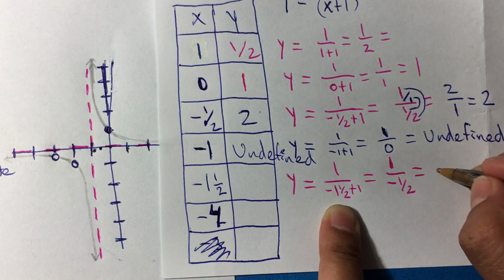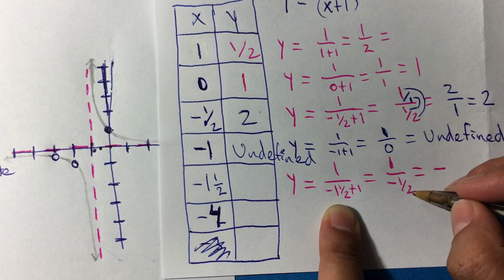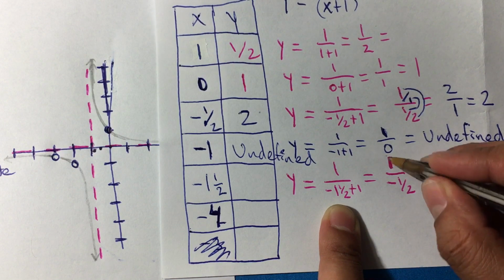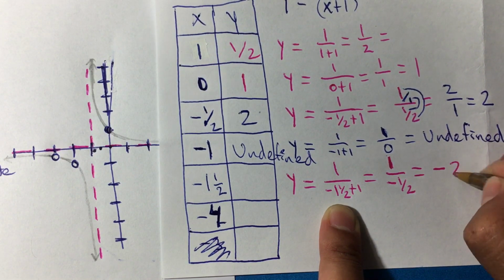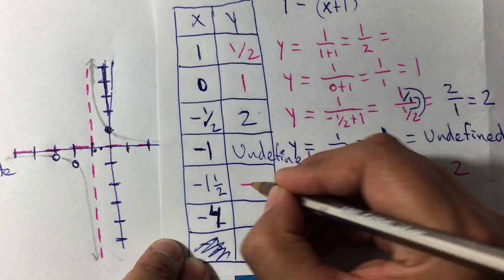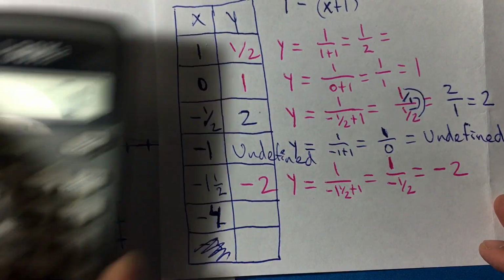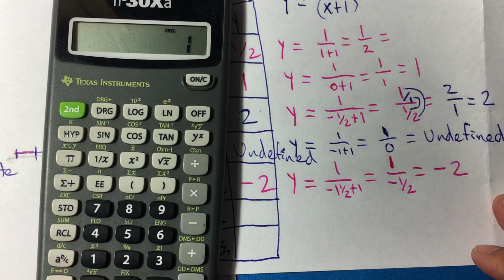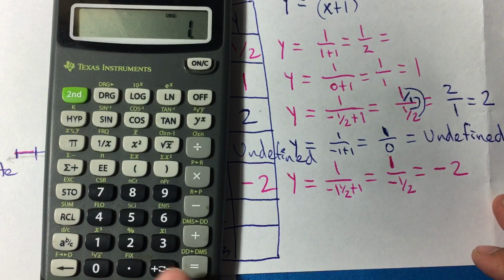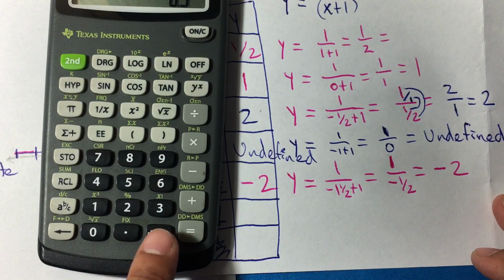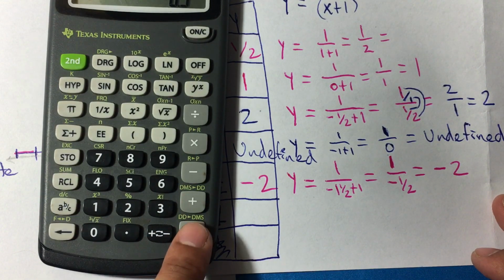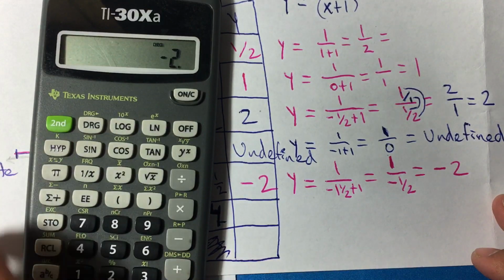Positive divided by negative is negative. How many halves go into 1? How many do I get? I get 2 of them. So negative 2. Again, if you want to use your calculator, you put 1 divided by, put 0.5, 1/2 is 0.5, and put the negative afterwards. After you put the 0.5 equals, and you get negative 2.